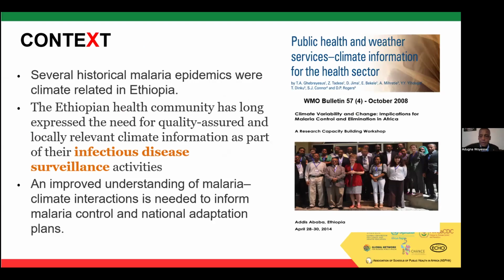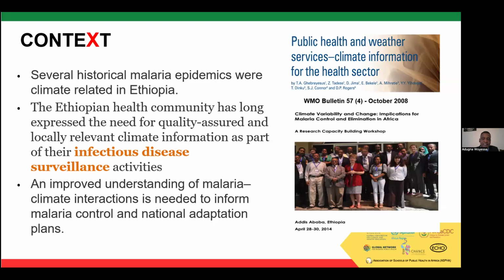Maybe one of the things I'm going to present is a case study. The context of my presentation relies on a gathering during 2014 in Addis, where a team came together from Columbia University and the malaria community in Ethiopia.